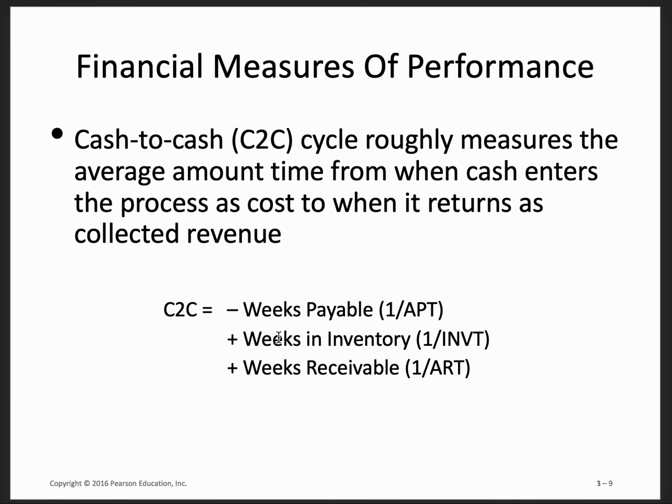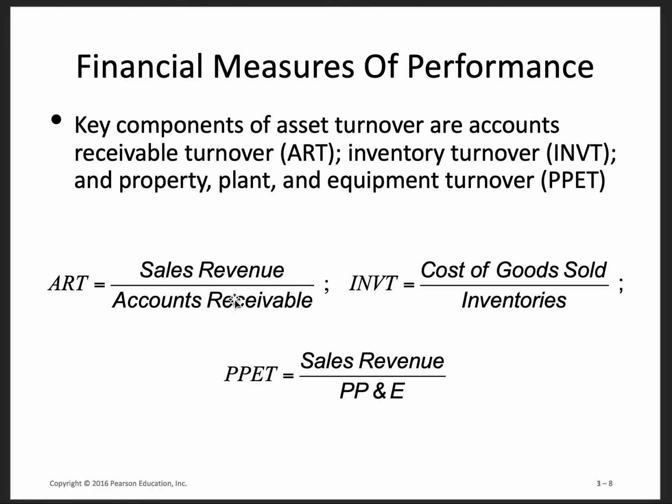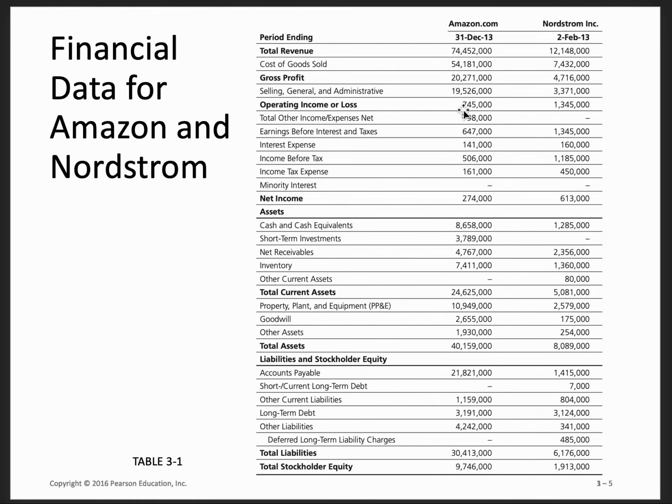Now remember, all of these numbers are usually calculated in weeks or days. If you look at all the formulas here, what you end up usually calculating is the ART, the APT, and the inventory turnover. All of these numbers tend to be per year, so it's yearly numbers. So even here, when we calculated them based upon all the financial data, these are yearly numbers.